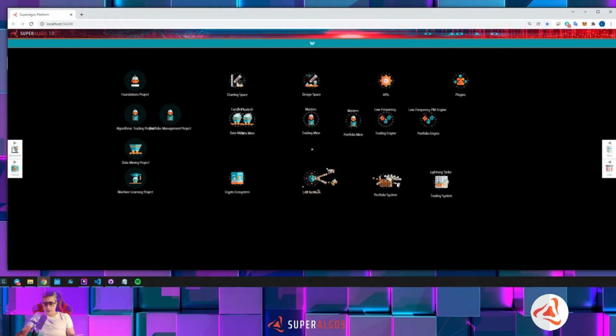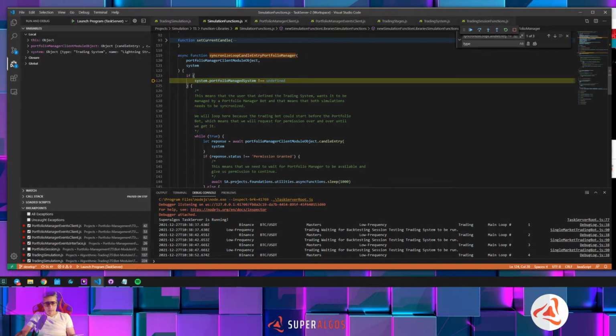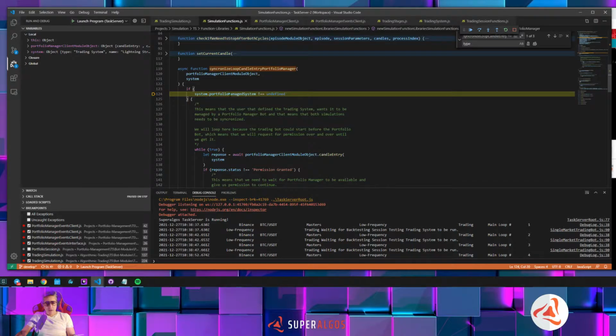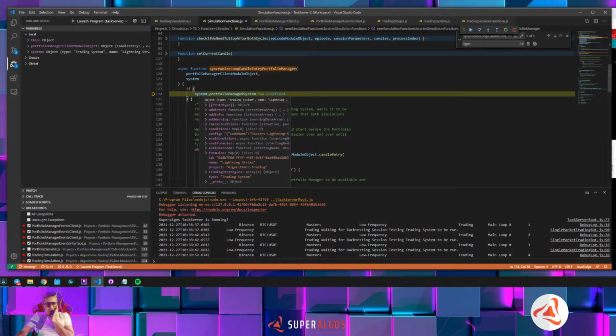But did we add this guy? Yes. Portfolio manage system. So this means that this is not going to work right now. Okay, because this is not the trading system node, but it's the trading system module.